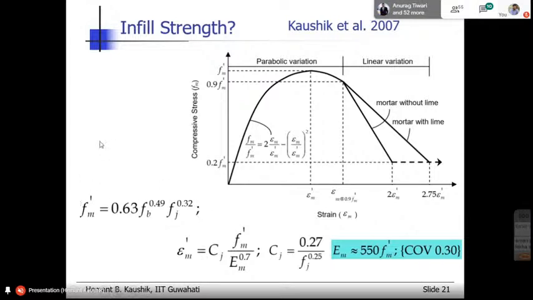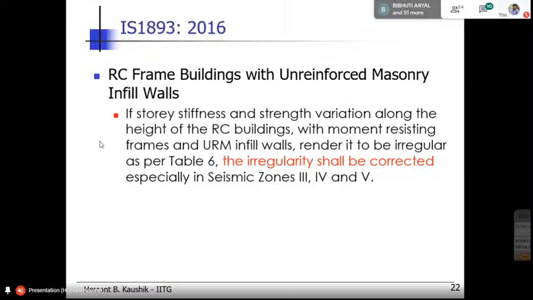So if someone tells you that the compressive strength of the brick is 10 MPa and I am planning to use 1:6 mortar whose compressive strength is 8 MPa or something like that, you can very easily find out Fm prime directly. So this is how we define the strength.